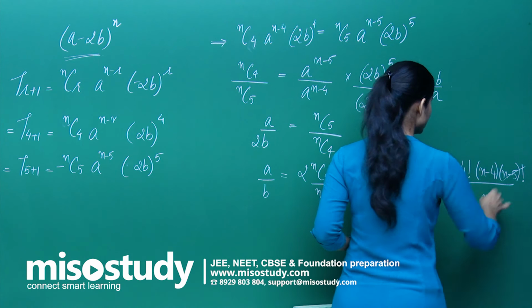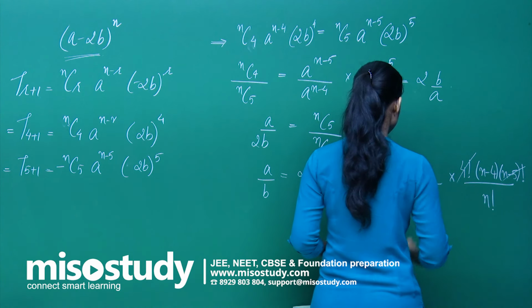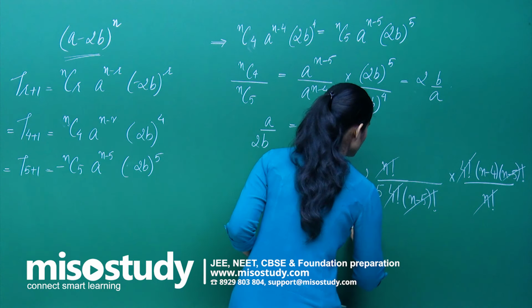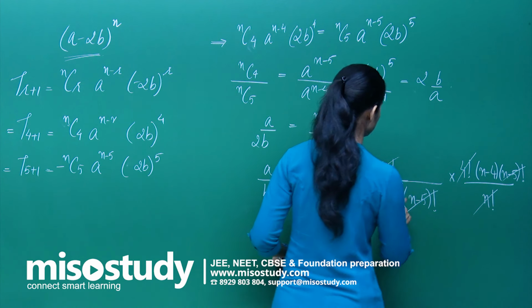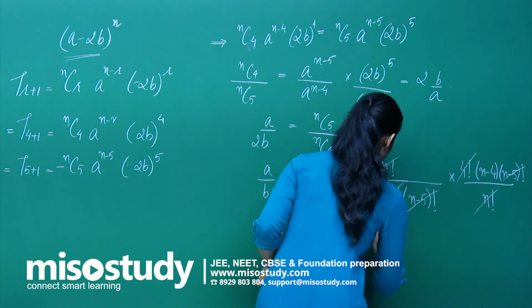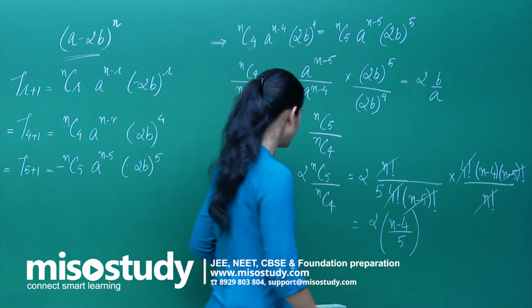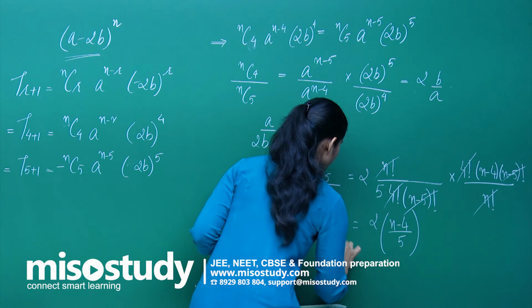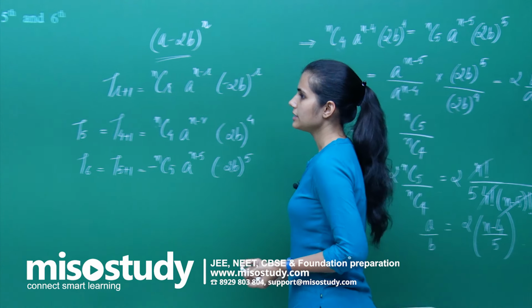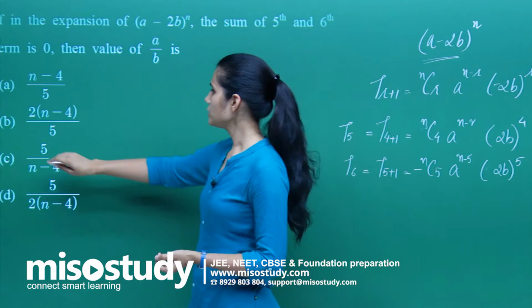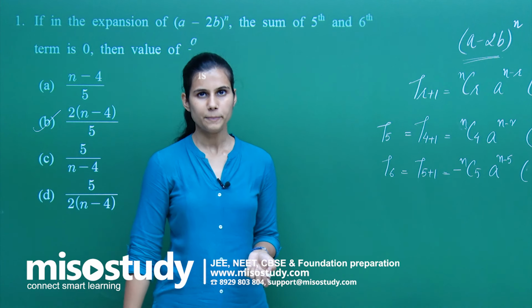So this gets cancelled out, this gets cancelled out, this gets cancelled out. So you are left with 2 into n minus 4 by 5, and that is your a by b. So a by b turns out to be 2 into n minus 4 by 5, which is option number B.